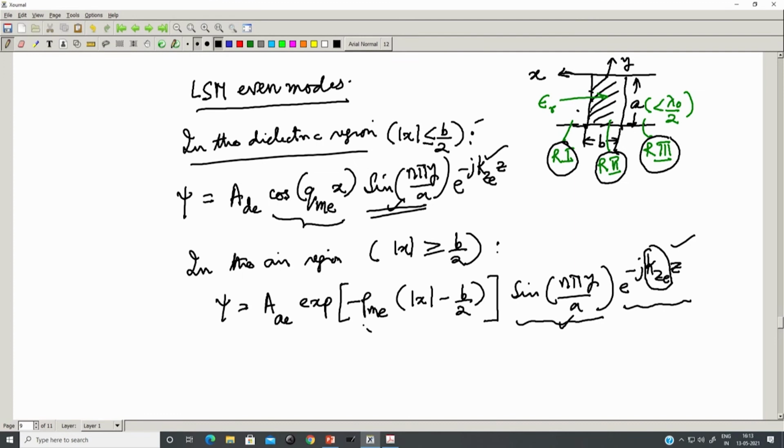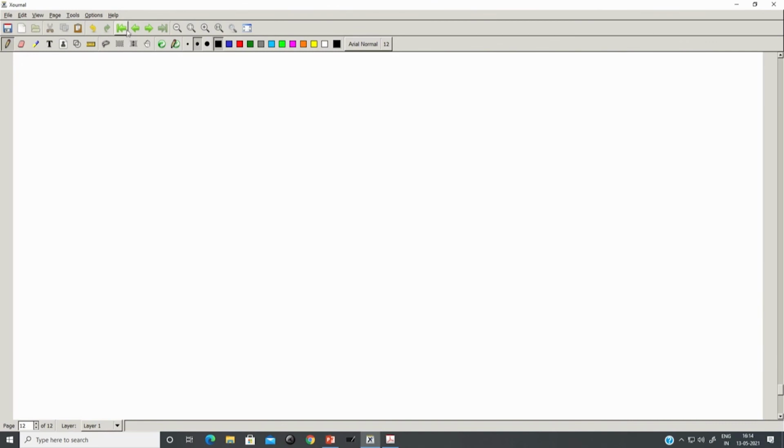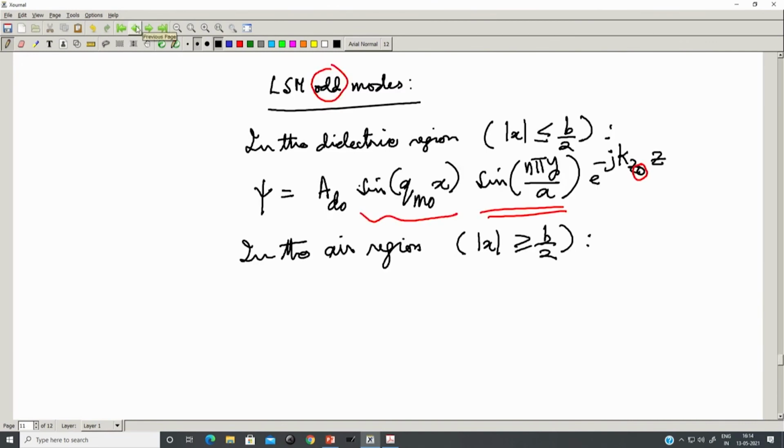So, it is greater than b by 2. So, it refers to both region 1 and region 3. Okay.